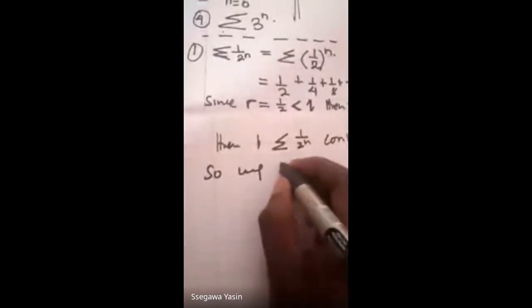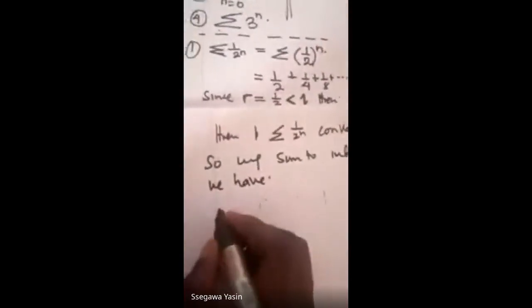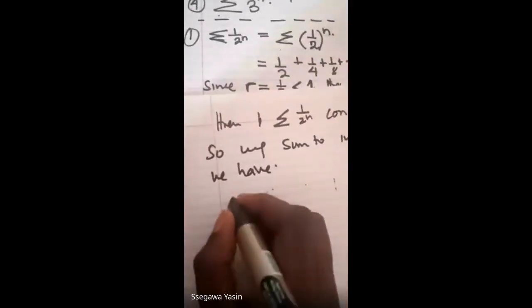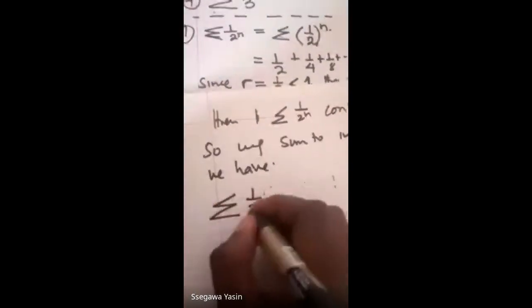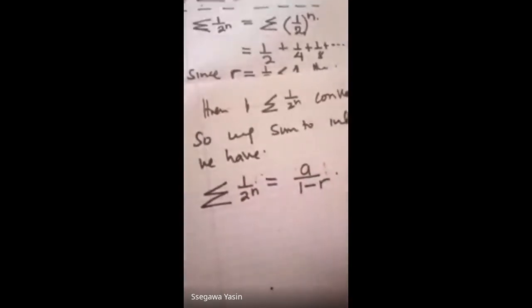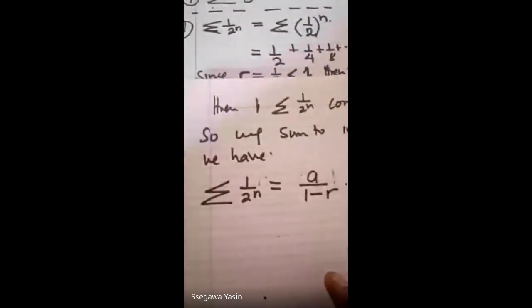So, using the sum to infinity, the sum of 1 over 2 to the n equals a over 1 minus r. Now we are finding what it is converging to.